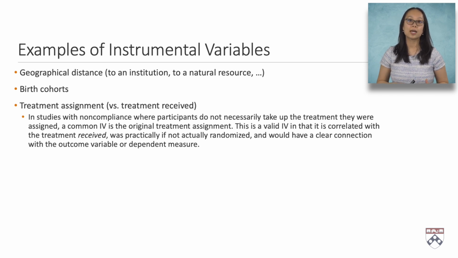So here, treatment assignment is the IV because it's correlated with the treatment received, and it was either practically, if not actually, randomized. And here we have a clear connection with the outcome variable or dependent measure. So the treatment assignment in this case represents clearly a strong potential candidate for an instrumental variable.